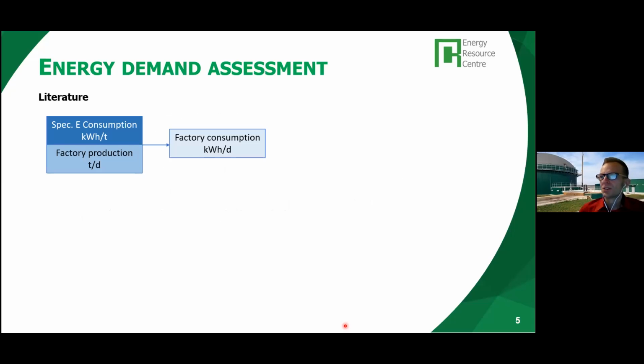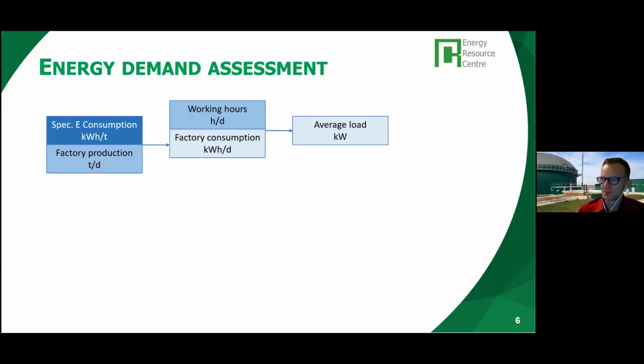The way it works, if you have indications from literature, for example, on the specific energy consumption per ton of product, as shown in the previous table, and you have indications of the factory production process, the tonnage per day of output, then the first step, of course, you can make an estimation of the energy consumption per day in kilowatt hours. Then you can continue if you have an indication of the working hours per day of that factory.